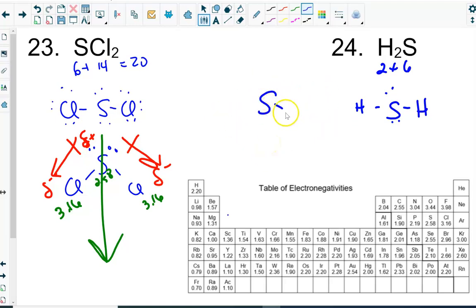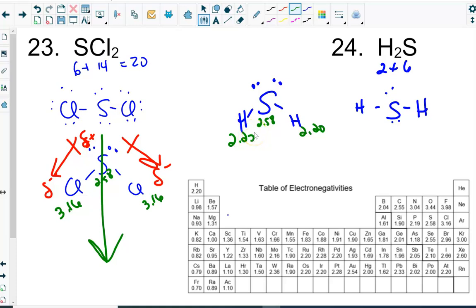So we have sulfur, hydrogen, hydrogen, lone pairs, lone pairs. Remember that sulfur needs 2, 4, 6, 8, hydrogen does not. Now we're going to look up their values. Sulfur is 2.58, and each hydrogen is 2.20, 2.20.